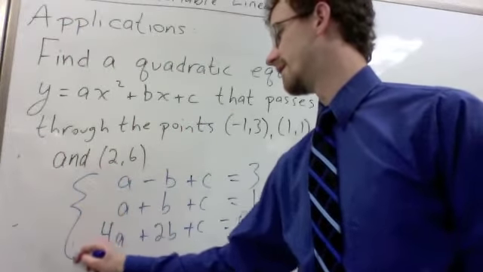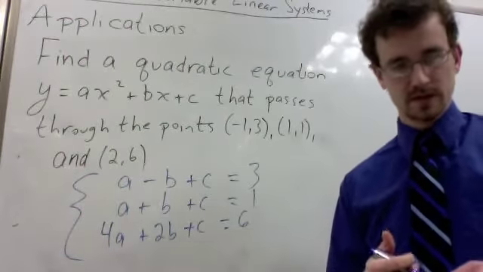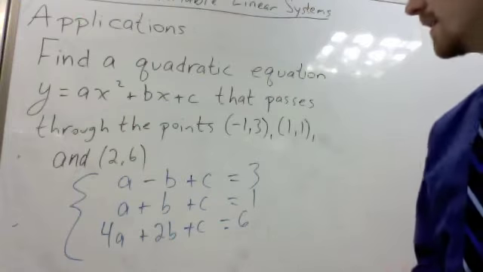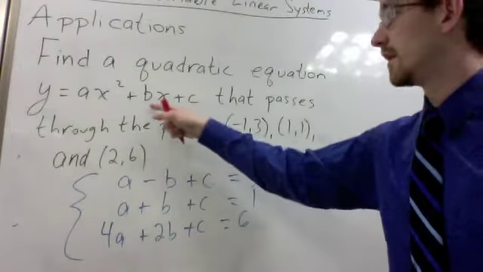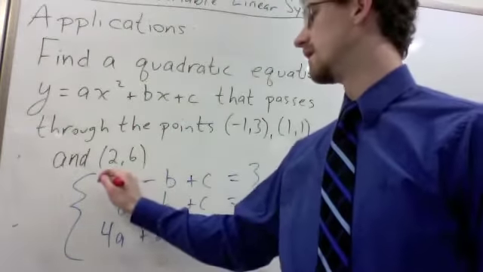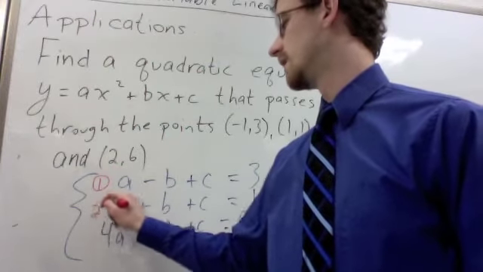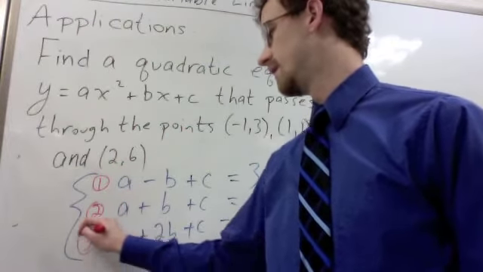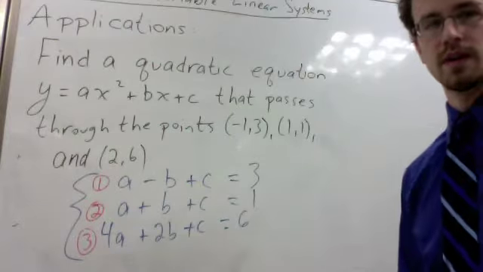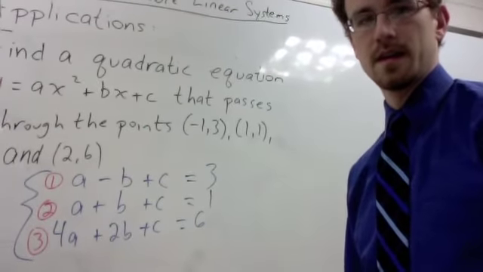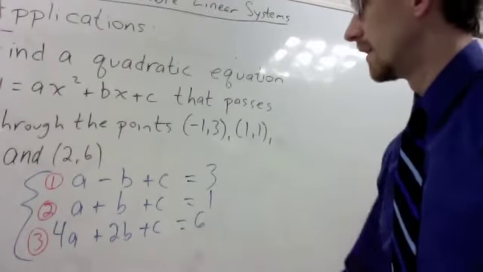So there we have a system of equations to solve for our parameters a, b, and c in that quadratic equation. I'll number equations 1, 2, and 3, just like usual, and we can solve from there.